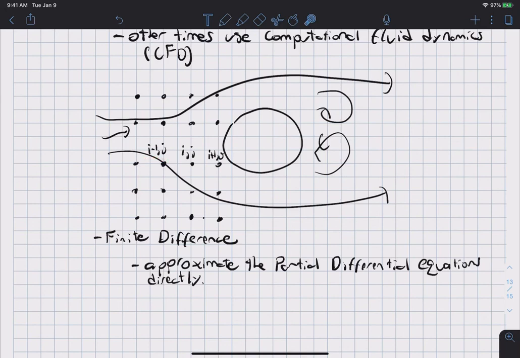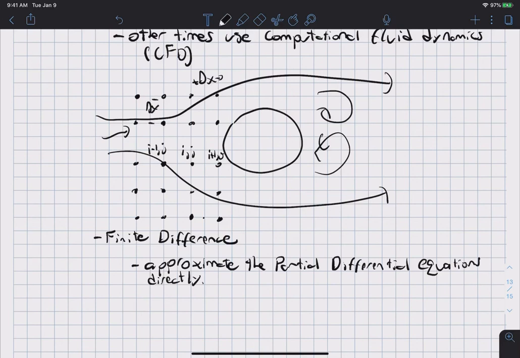So i is the x coordinate index of this point, i plus 1 is the index of the next point. And these points are spaced delta x apart and delta y apart in height.